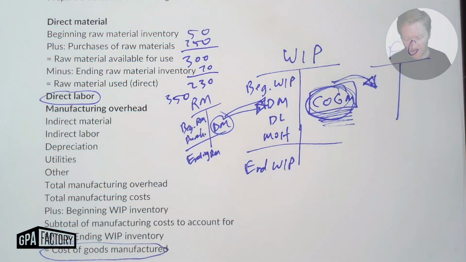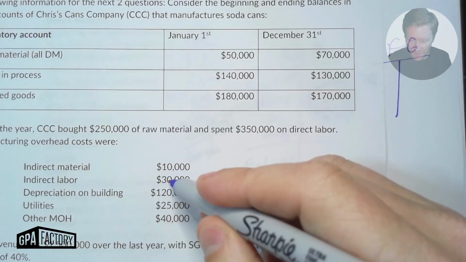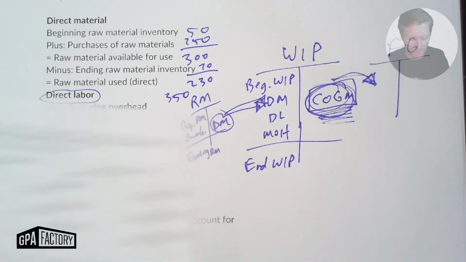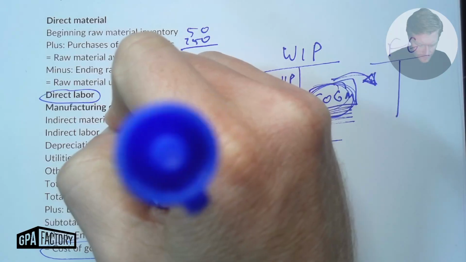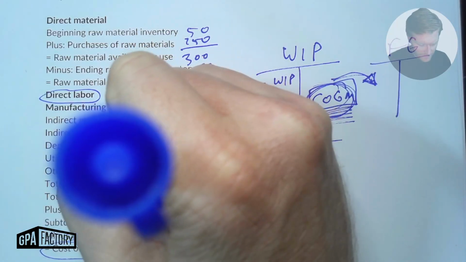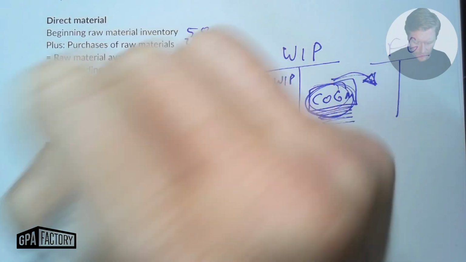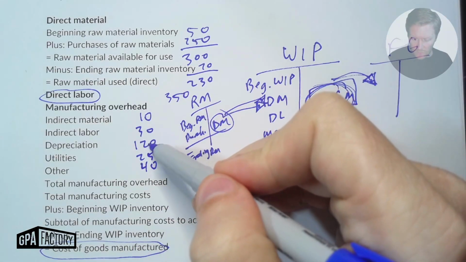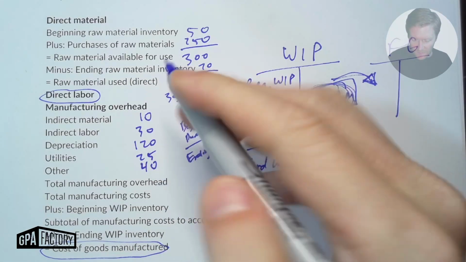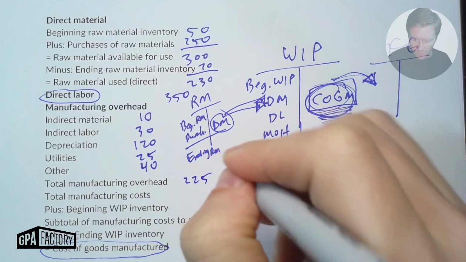Then we get to manufacturing overhead. These numbers again are just given: 10, 30, 120, 25, and 40. Okay, total manufacturing overhead, that's 40, 160, 185, 225. So we just total those up.